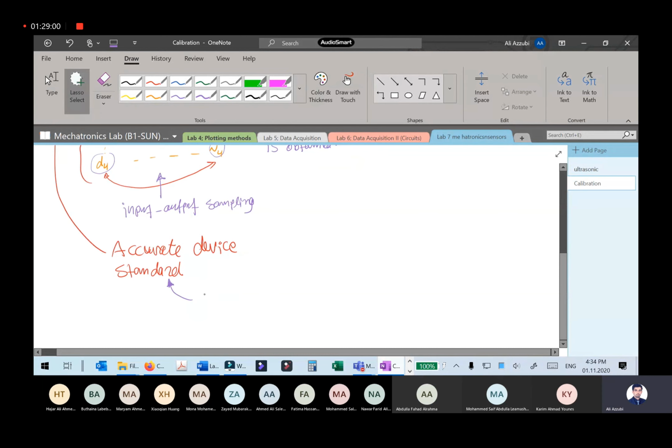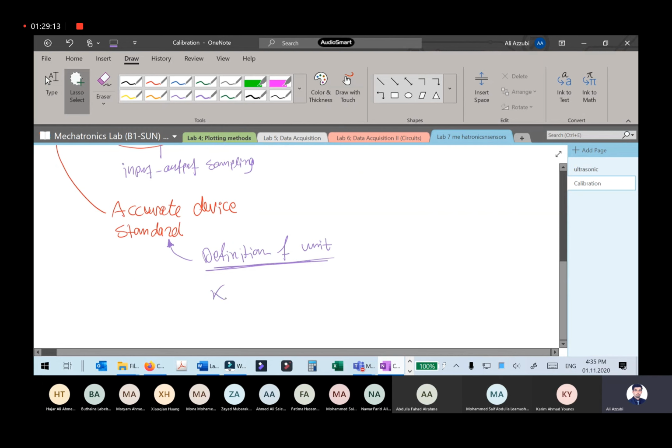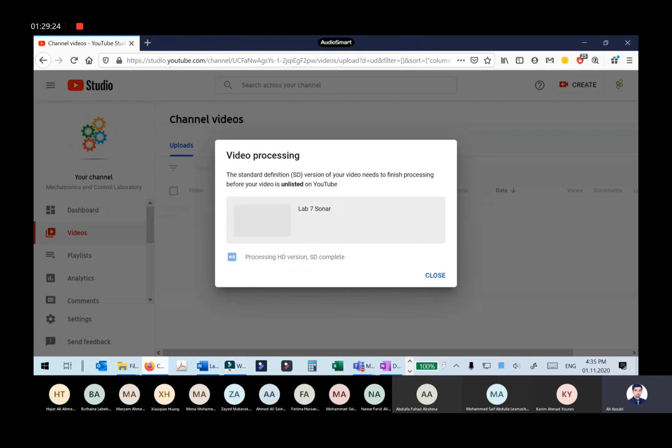Since you are here, now what is a standard? Now the standard is the definition of the unit. For example, the kilogram. What's the standard for kilogram? Anybody can answer?